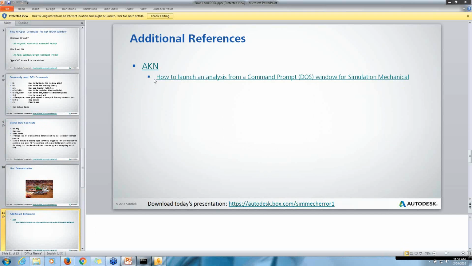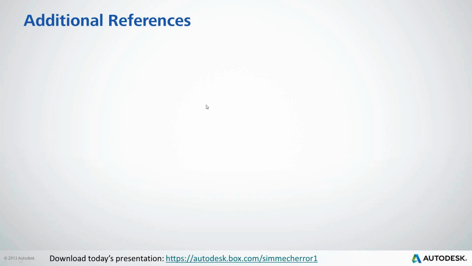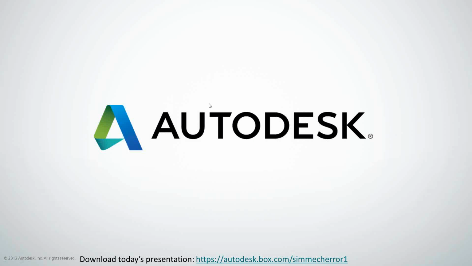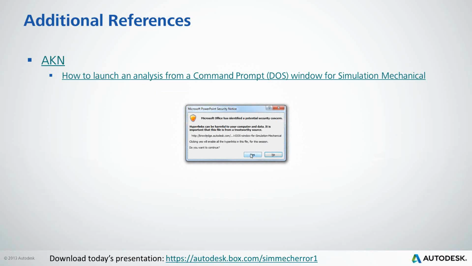This article is available to the public. Let's see, there's a link. Yeah, I'll copy that. I just posted that in the chat window for everybody, so you can go ahead and click on that and open it up.